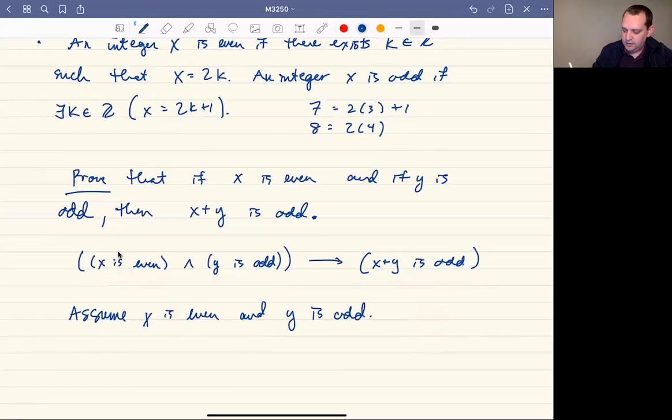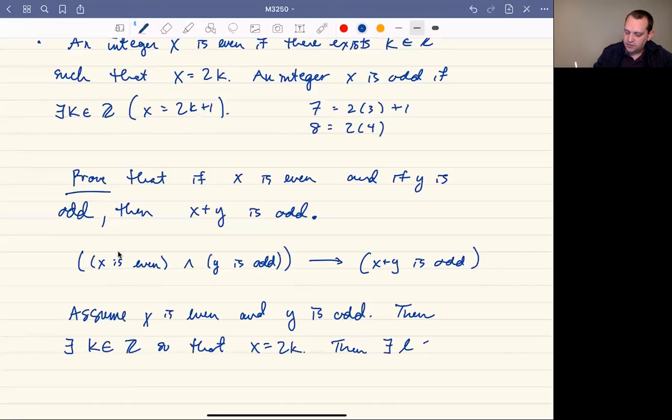Well, to be even means that there exists an integer k such that x is equal to 2k. And likewise, if y is odd, then there exists an integer, we can't use k anymore because k is taken in the proof.